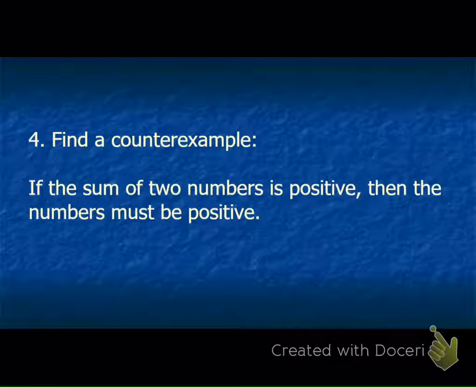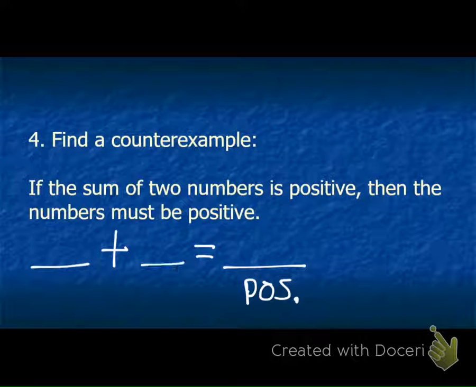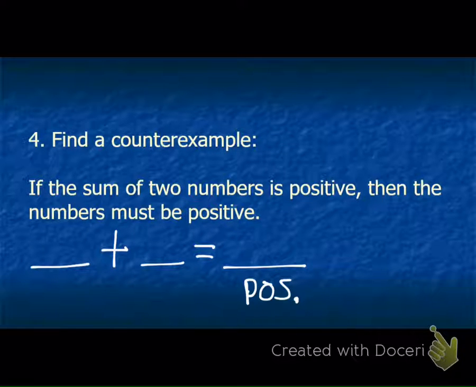Okay, is this our last one? No? Okay. Find a counterexample. If the sum of two numbers is positive, then the numbers must be positive. Okay, so they're saying if my answer is positive, then both my numbers have to be positive. What could I have in this then? A negative, right?